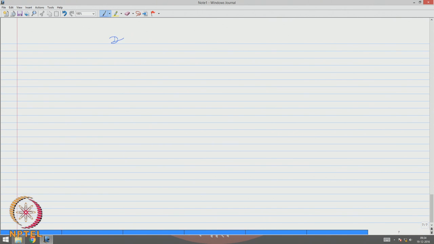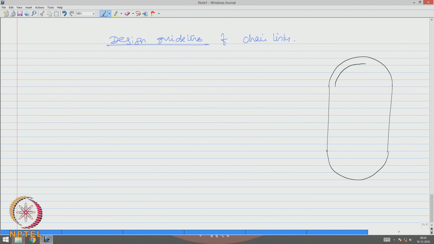Now, for design guidelines of chain links, let us say this dimension is L and this is R. Usually it is circular in cross section.